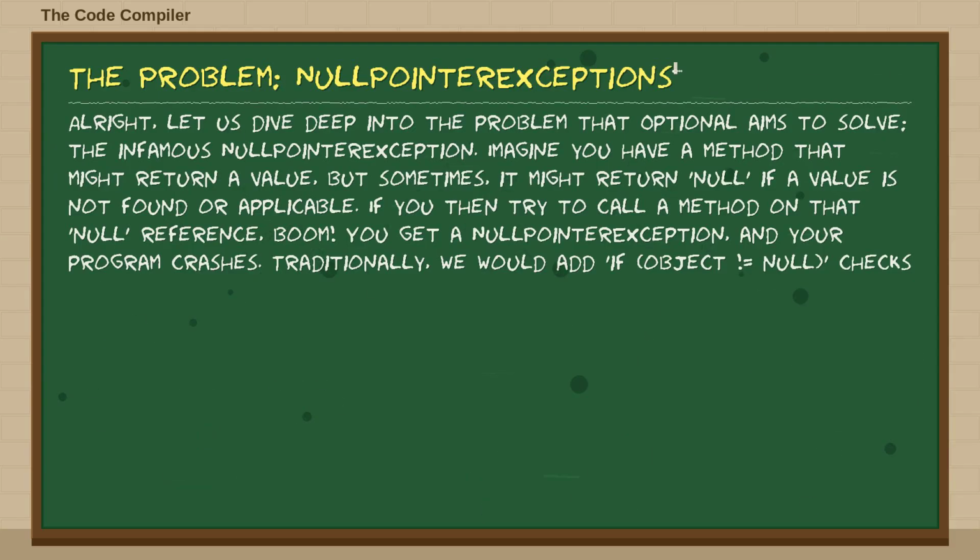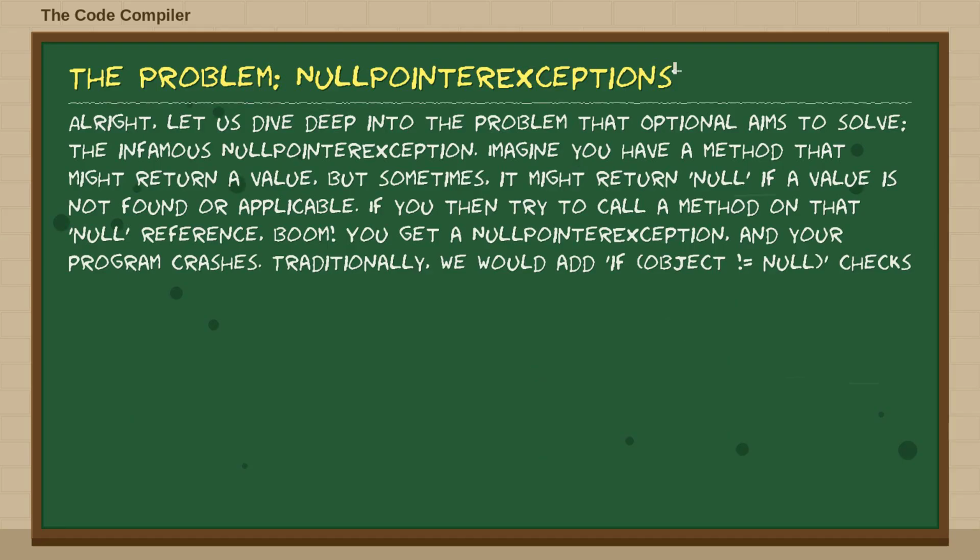harder to read. For example, consider a user service that fetches a user by ID. If no user is found, it might return null. If another part of your code then tries to access user.getName without checking for null, your application will crash.